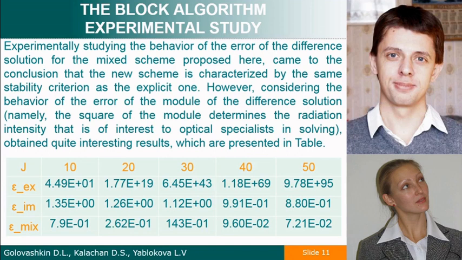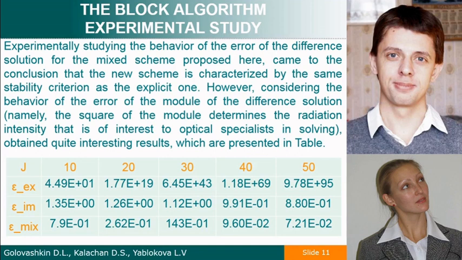The explicit difference scheme becomes unstable. The implicit difference scheme is stable, and the mixed difference scheme behaves like an implicit one. Moreover, with the selected parameters of the grid domain, the norm of the solution in the mixed scheme is much lower than in its implicit counterpart.